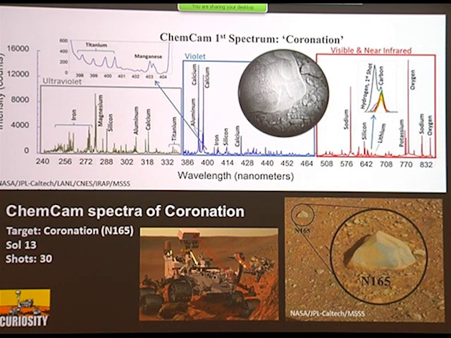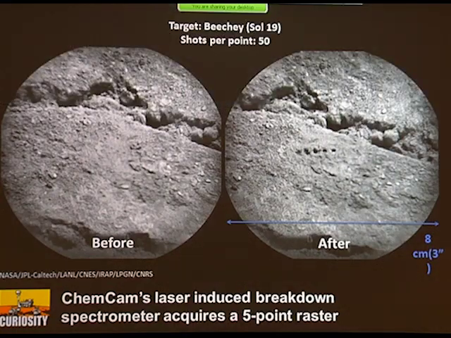And we didn't even touch it, we just zapped it. It's so cool. And here you can see a picture of the little laser holes in the rock. I think that's neat. Not only are we leaving tracks on Mars, but we're also leaving little zappy holes from the laser. It's pretty cool.